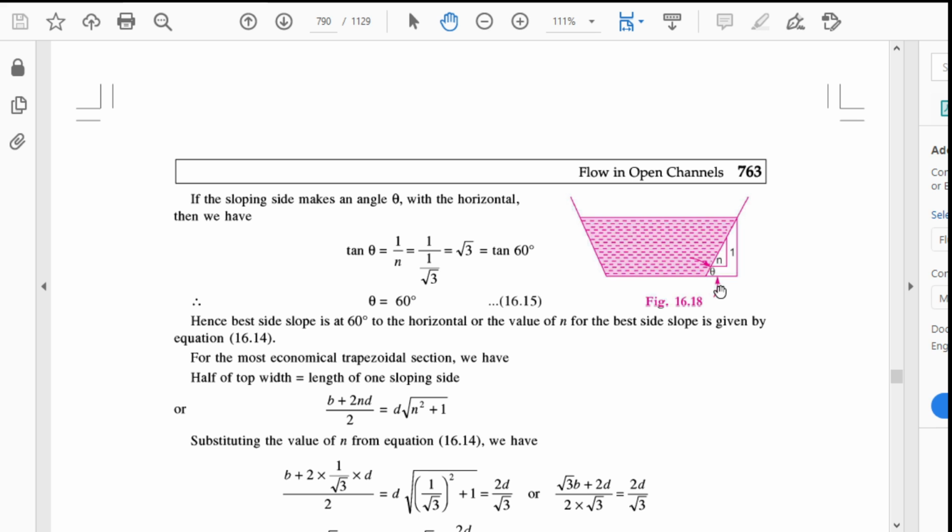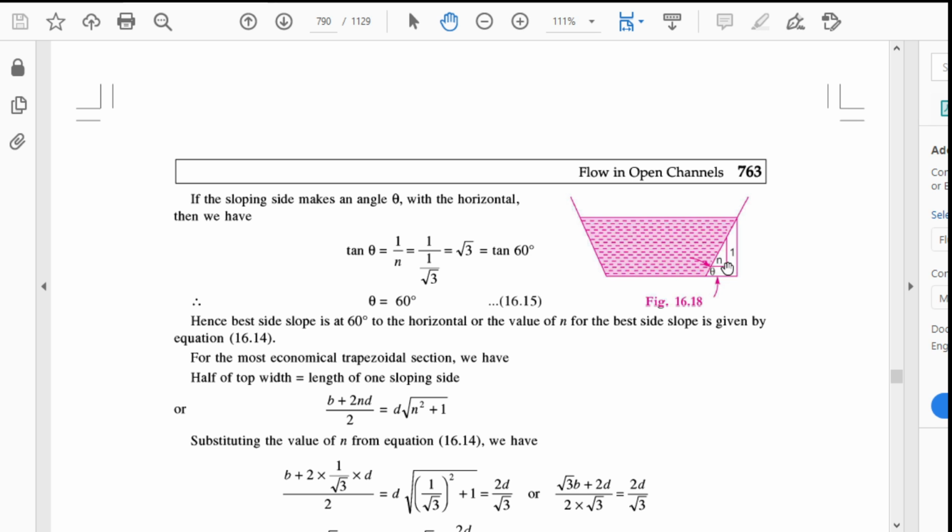Opposite side is nothing but 1, and adjacent side is n, which is your slope. Right, now we have calculated that slope as 1 by root 3. So simply rearrange this, you will get tan theta equals root 3. For finding the theta value, we have to take the inverse, so theta equals tan inverse of root 3, which is 60 degrees.